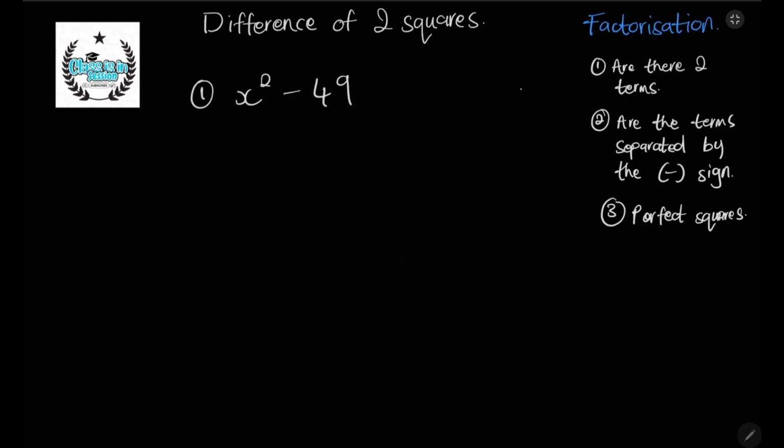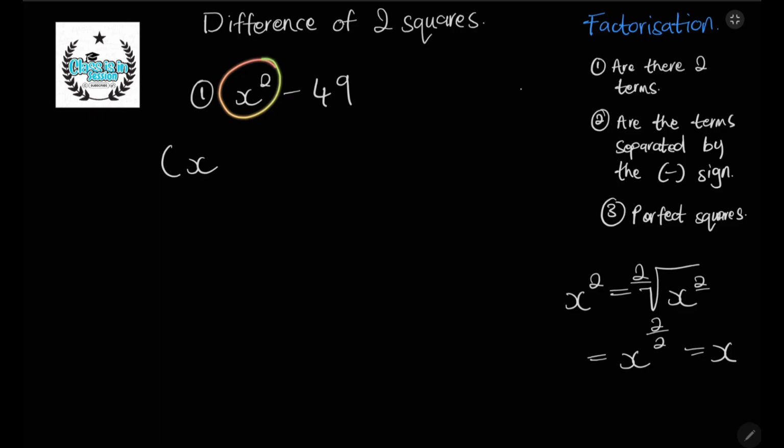Both terms are perfect squares. So to solve this, we have to firstly find the square root of both terms. We've done this, right? You can do this on the side again. It's x squared. We put it under a root. The square root is inner over outer, which is x to the power 2 over 2, which is just x. So you have to open a first bracket and write down the square root of the first term first.